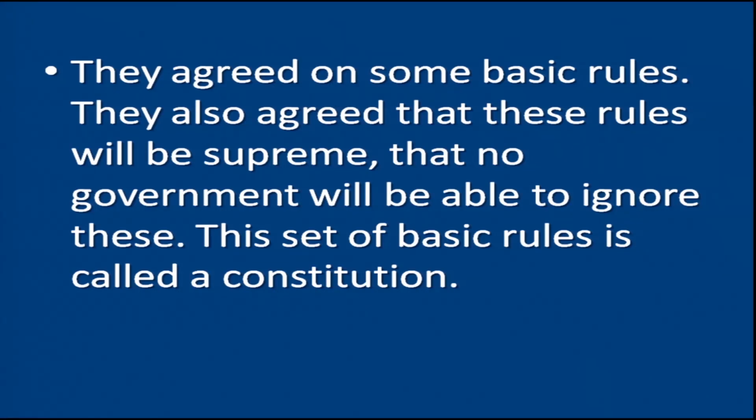And this set of basic rules is called the Constitution, because the Constitution is the supreme law of the land. It is the fundamental document of the country, which is to be abided by the people as well as the government.